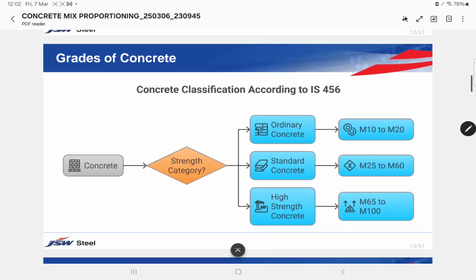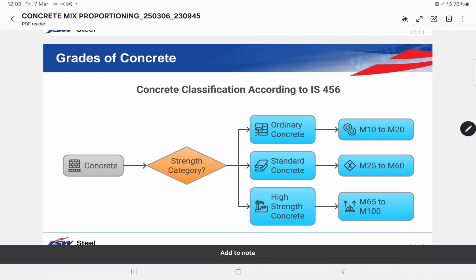So now we will start our mix design journey, and if you refer to IS 456, it classifies concrete into different categories based on its strength. From M10 to M20, it classifies it as ordinary concrete.